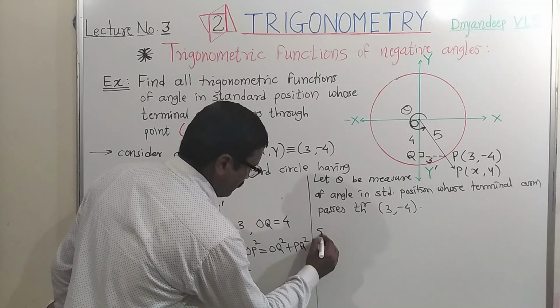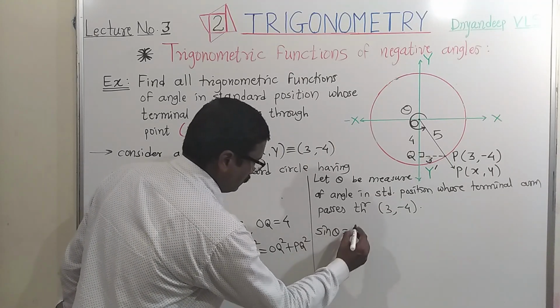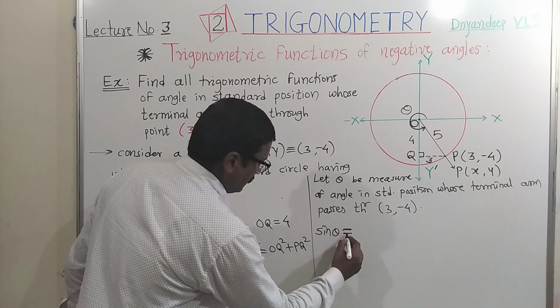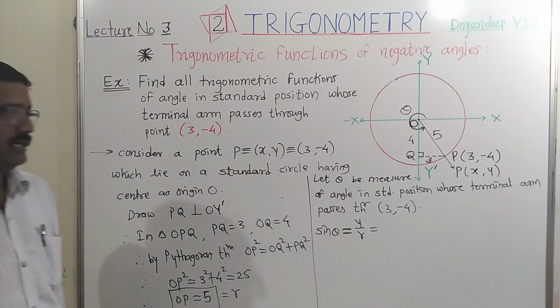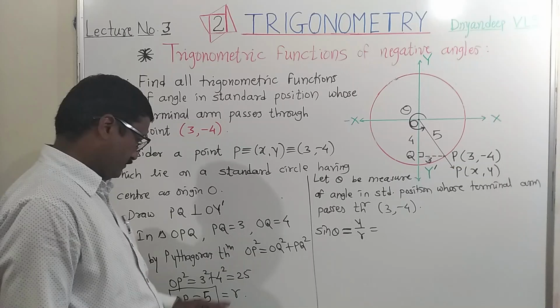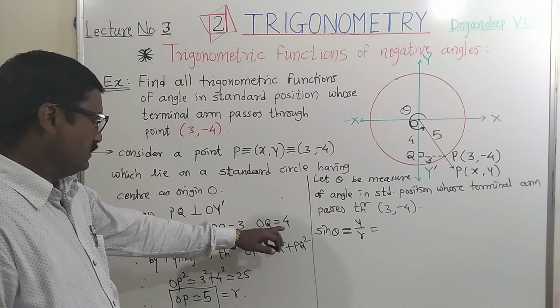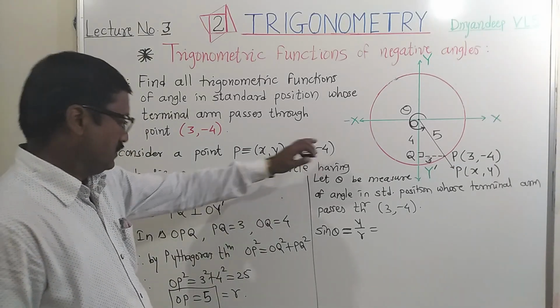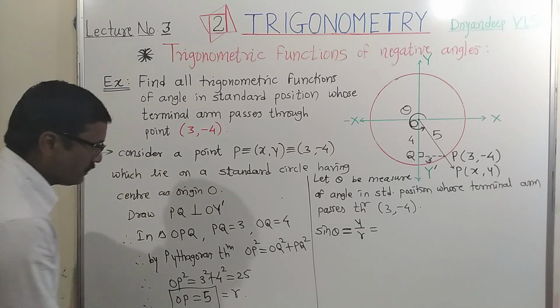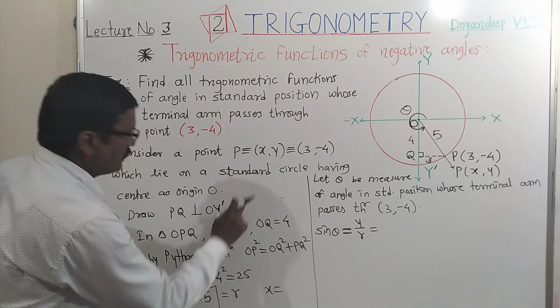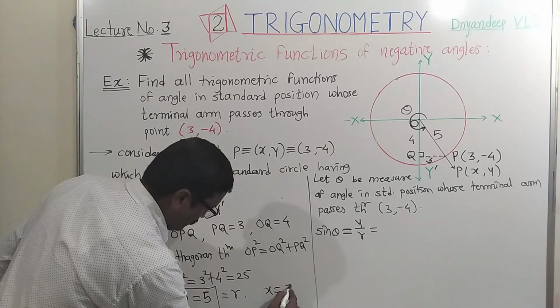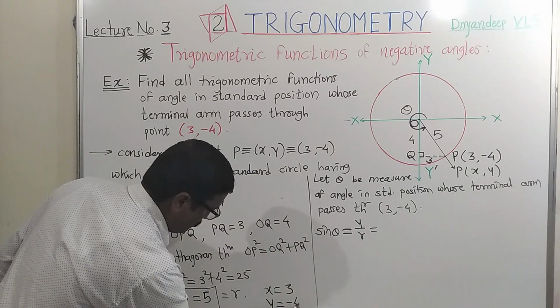Now write the trigonometric functions. Sin theta is equal to what? Sin theta is nothing but y upon r. So what is y? Y is minus 4. This OQ is 4, but y is equal to minus 4. Therefore, r is equal to 5, and we can write here x is equal to 3 and y equal to minus 4.